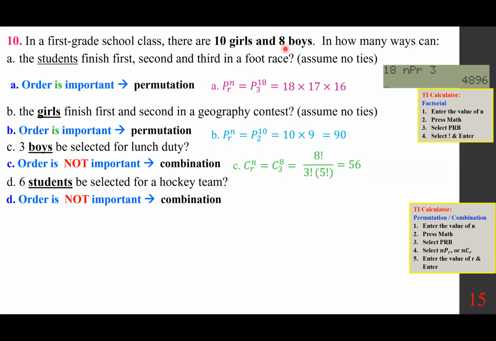And the combination, we are going to use N as 18 and R as 6, which is N factorial, 18 factorial, over R factorial, which is 6 factorial, times 18 minus 6, 12 factorial. That's as far as how you set it up. And you can use a calculator, 18 nCr 6, and it gives you the answer. So you can use a calculator, but it is the concept. This is extremely important to write, not just the answer.